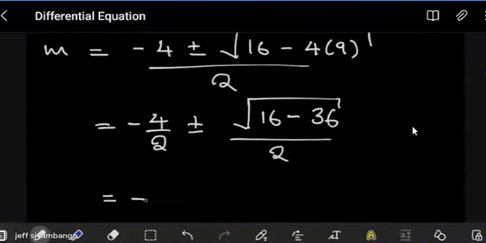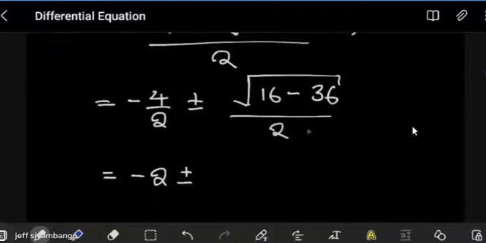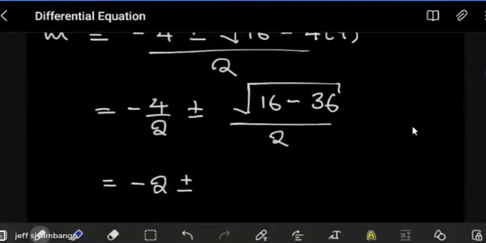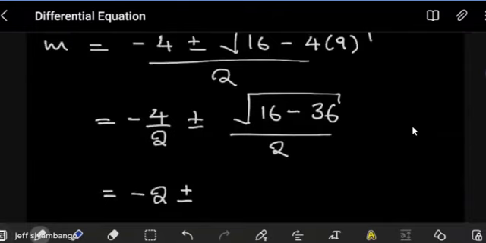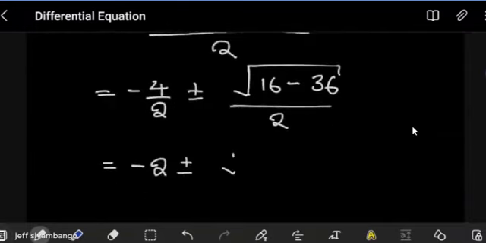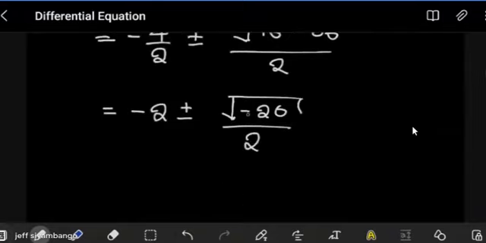So this is now negative 2 here, plus or minus. Now, when I get the difference there, what are we getting there? So I think that would be a minus 20, over 2. So clearly this is going to be imaginary.